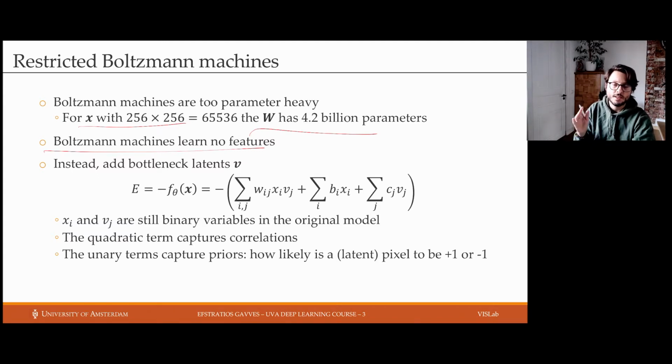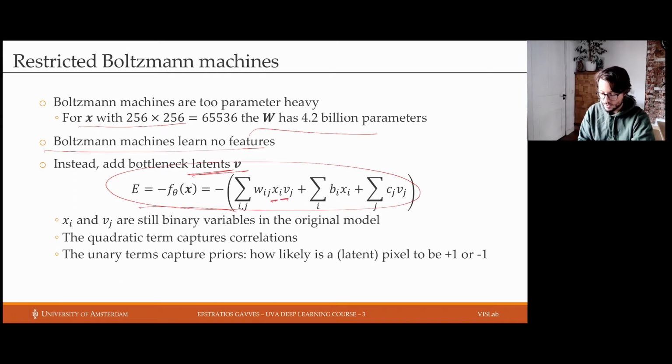However, instead of connecting all visible units with all visible units, we introduce a second group of variables, latent variables, and then we connect the visible units with all latent variables and vice versa, but we don't have connections between visible variables or between latent variables. This still yields a quadratic energy function, now connecting every visible variable with every latent variable.